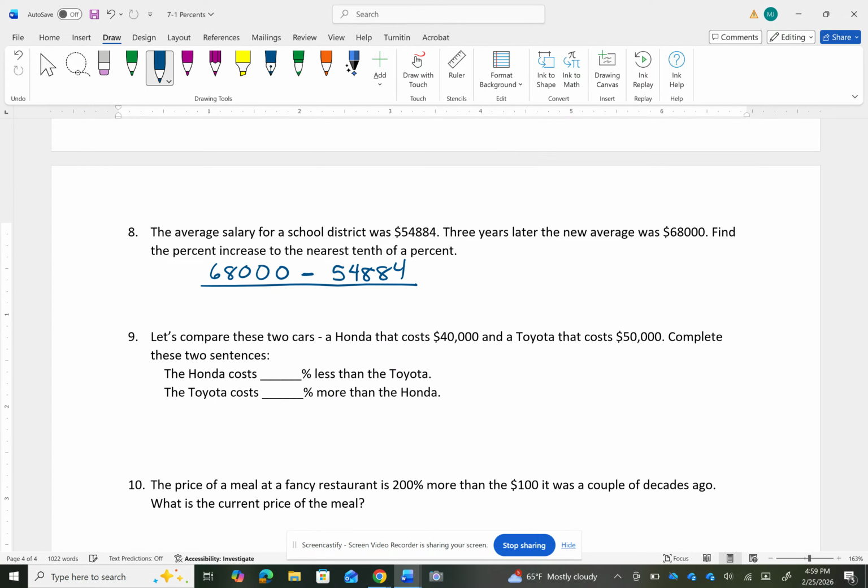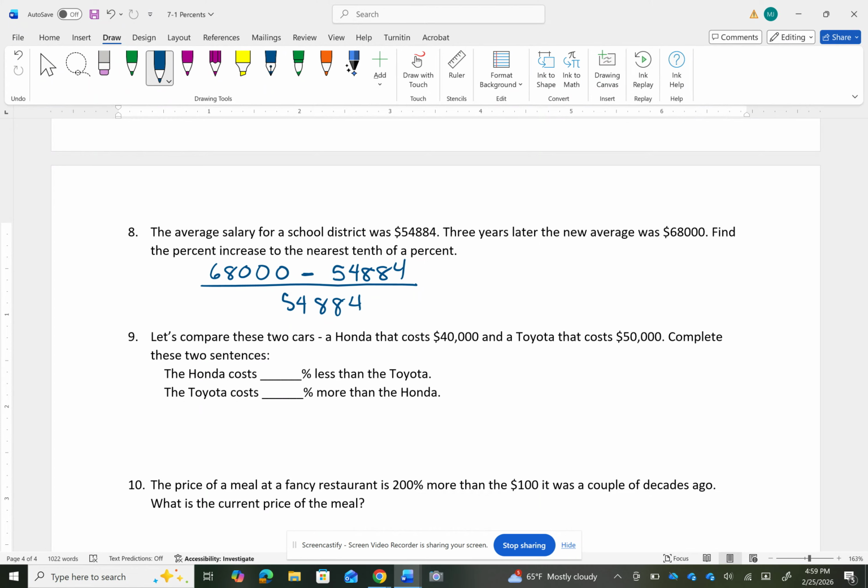Then I'm going to divide by the original salary. That's probably the biggest mistake, not dividing by the original salary. You're trying to say what percent up or what percent down it was from the original.